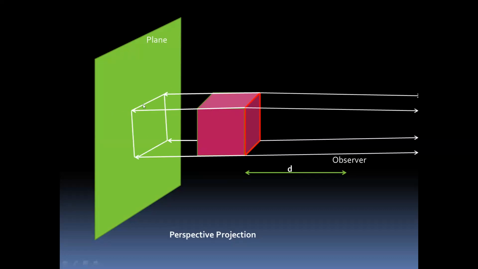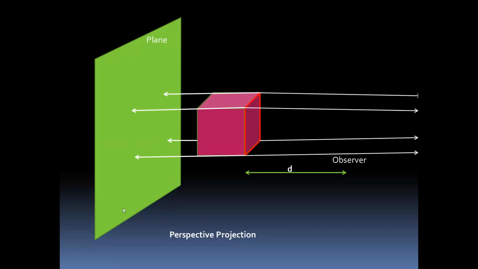This is the image produced on the imaginary plane. This image has the same size as the actual visible outline. This case is possible when these projector lines are moving exactly perpendicular to this imaginary plane.